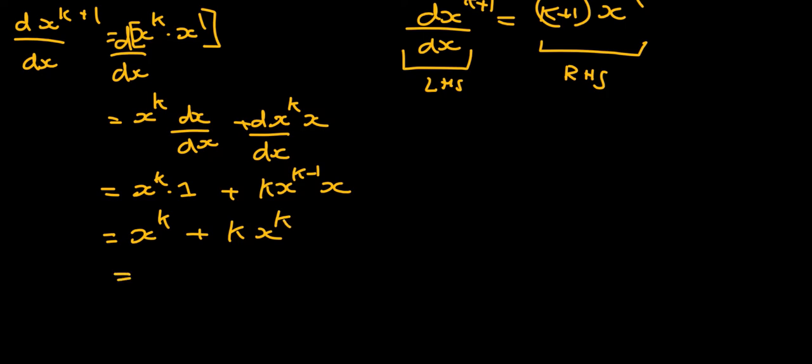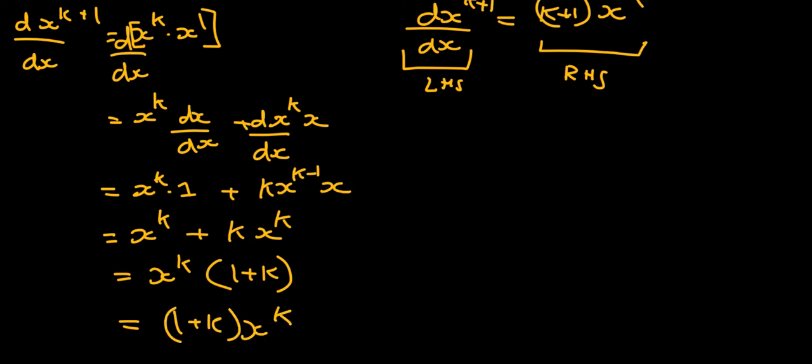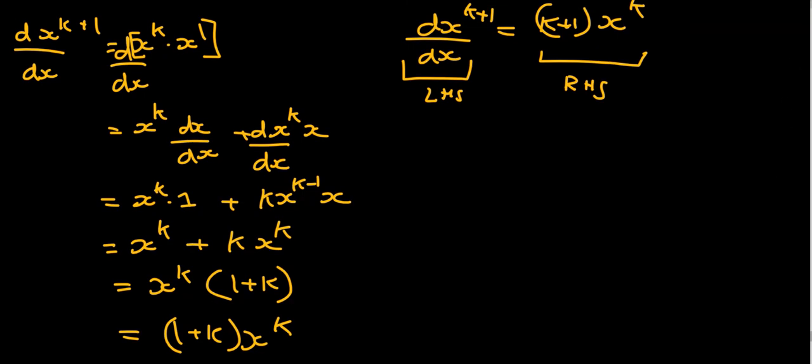And we can take out the k there to get 1 plus k, 1 plus k, x to the k, which is what we are required to prove. So proved by principle of mathematical induction.